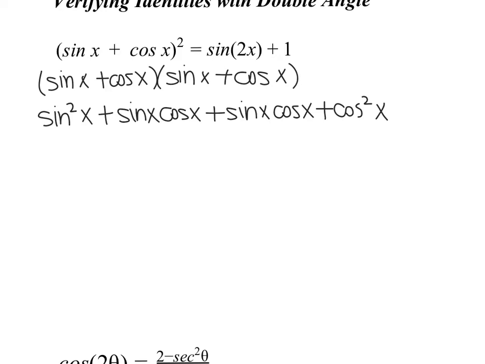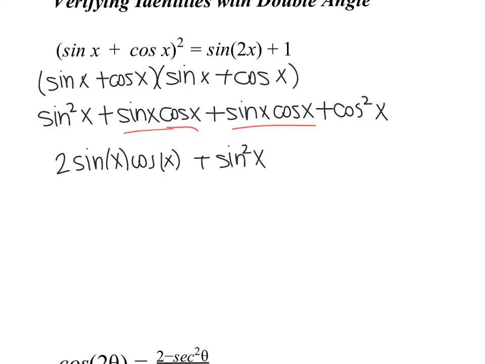So I'm going to start grouping terms to use identities. So first I'm going to notice I have a sine of x cosine of x and another sine of x cosine of x. So that's going to give us 2 sine of x cosine of x. And I still have the plus sine squared of x plus cosine squared of x.